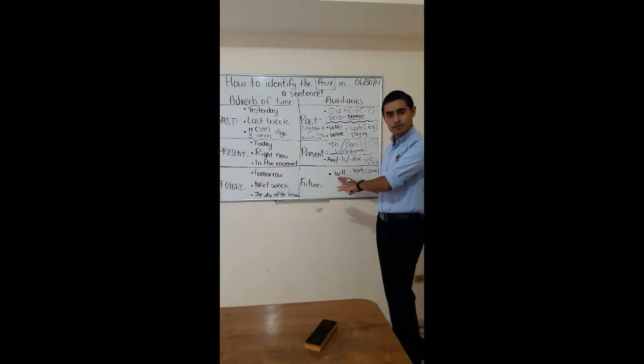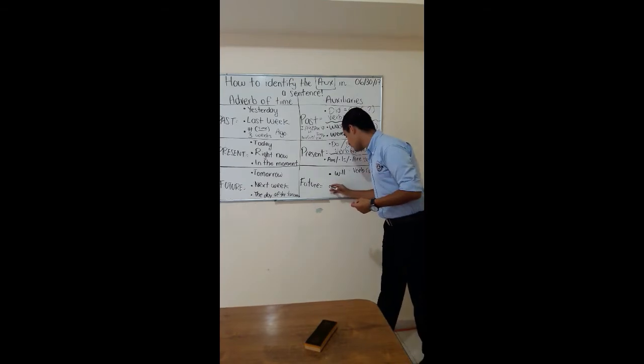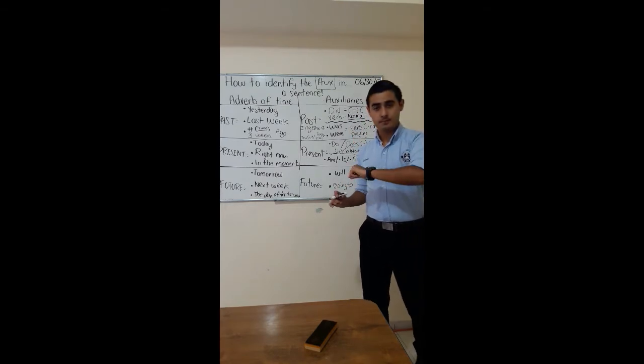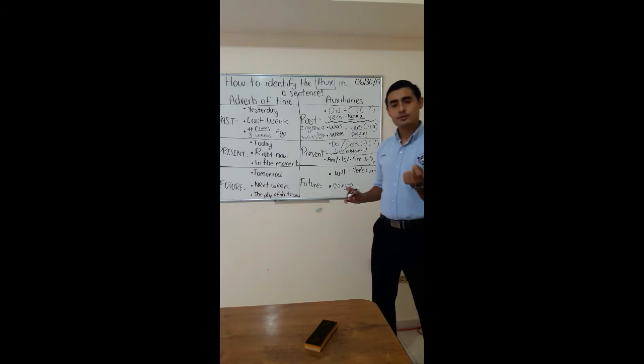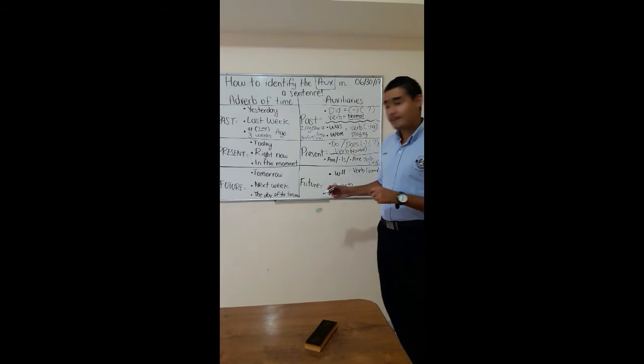When we have will, okay? The verb is normal. But how about number two? The idea going to. Now this idea going to is very, very similar. But these two are different, okay?